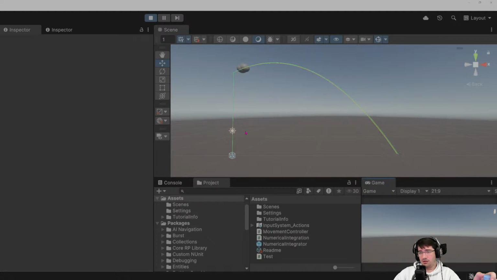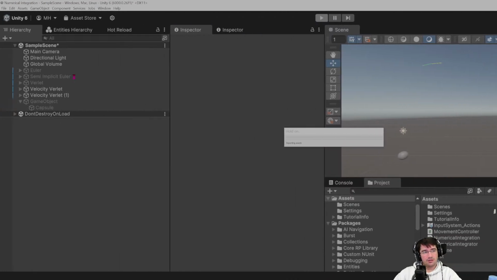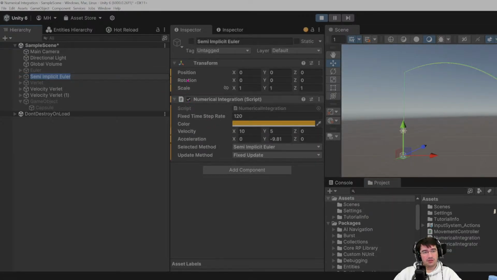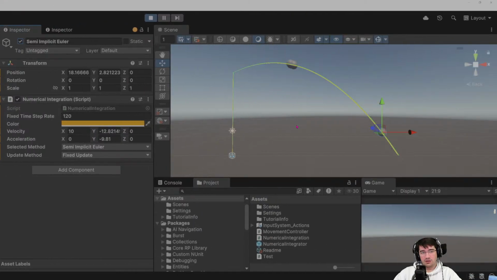Not exactly. Not perfectly exactly the same, but is it actually akin to the semi-implicit? Did I recreate the semi-implicit layer basically? Yeah, I think so.